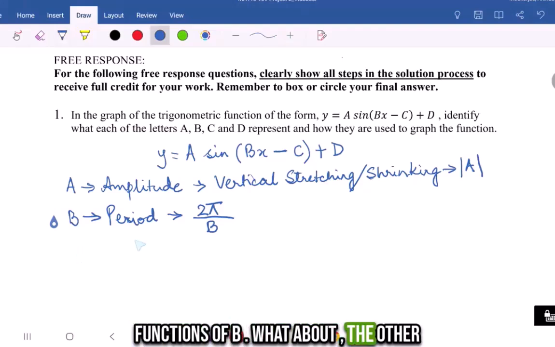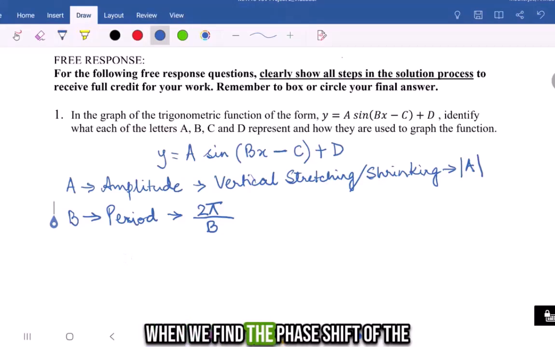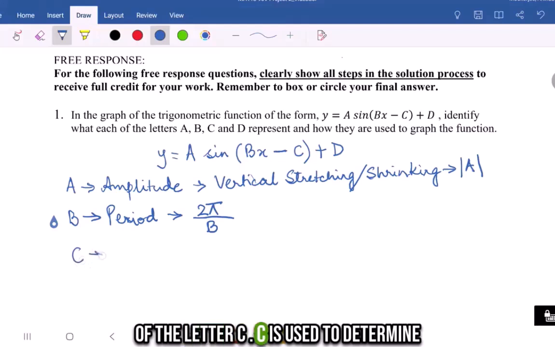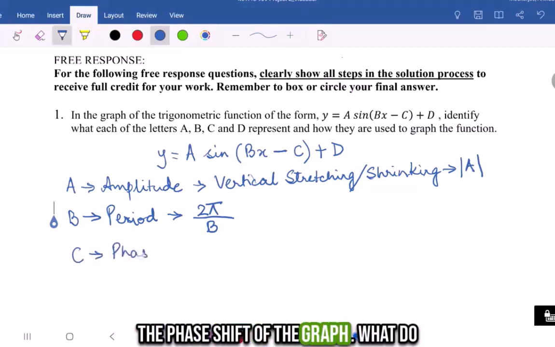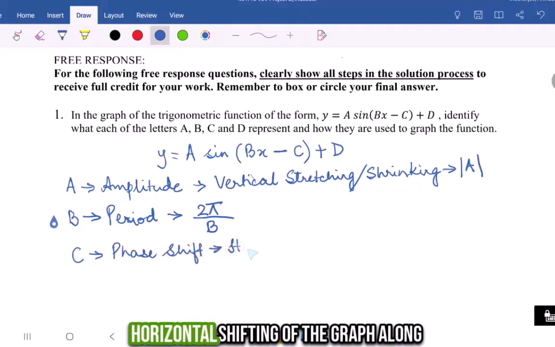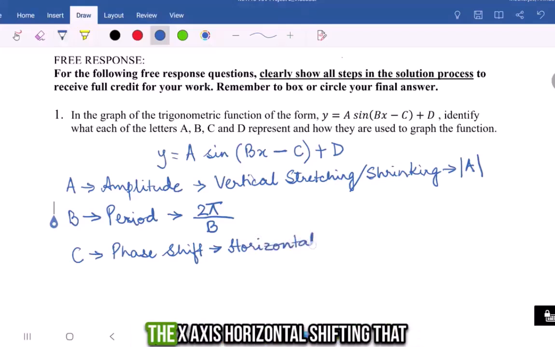What about the other function when we find the phase shift of the graph? Let's come to that when we talk about the letter C, the function of the letter C. C is used to determine the phase shift of the graph. What do we understand by the phase shift of a function? It tells us about the horizontal shifting of the graph along the x-axis, horizontal shifting.